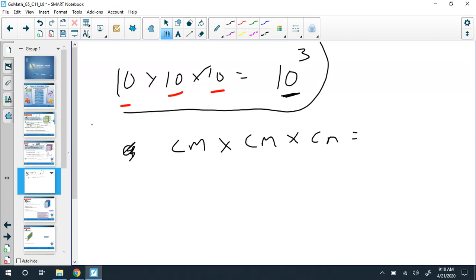Here we had 10 was our repeated factor. Down on the bottom here, centimeter is our repeated factor, so it ends up being our base. And then we just look at how many times that centimeter shows up. Well, it shows up once, twice, and 3 times. So that's why it's cubic centimeters.